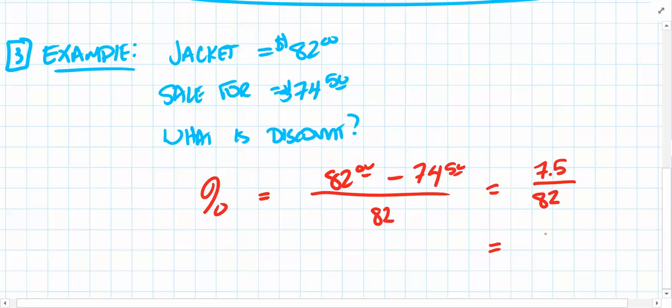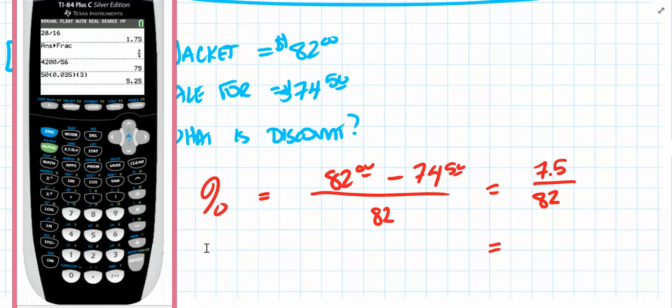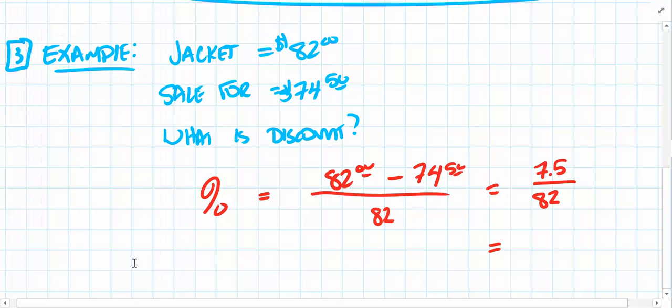If I take 7.5 and I divide it by 82, I get 0.0914 and so on. So how would I say this?